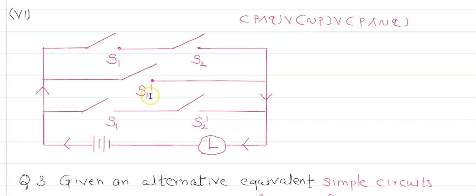S1 dash. Again they are in parallel with S1 and S2 dash, which are in a series. Means what here? Disjunction, parallel. These are parallel. These two are in a series. And in this way we have the circuit diagram for the given statement pattern.